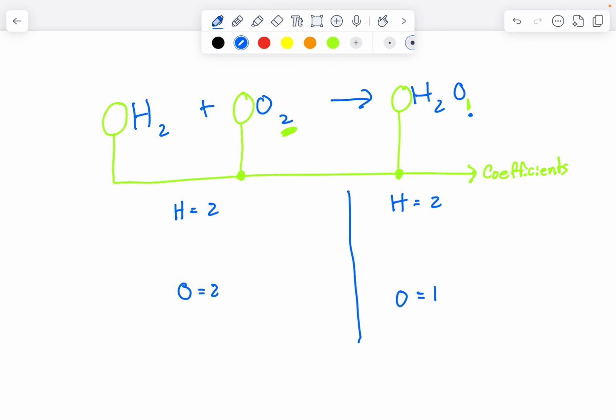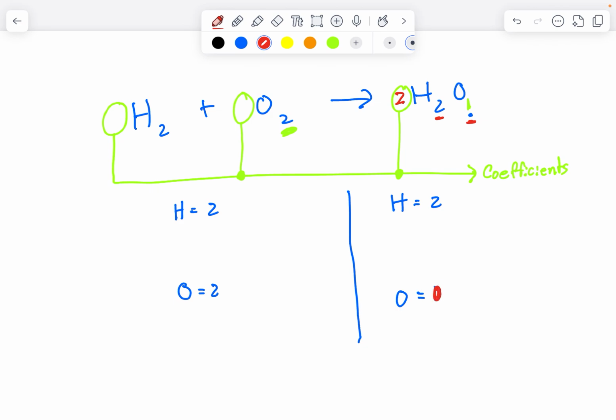Now what we want to do is, like I said, adjust the coefficients, these things in front, and whole numbers, to fix our broken problem here. So we're going to put a 2 here, and that 2 multiplies with this, and it also multiplies with this.